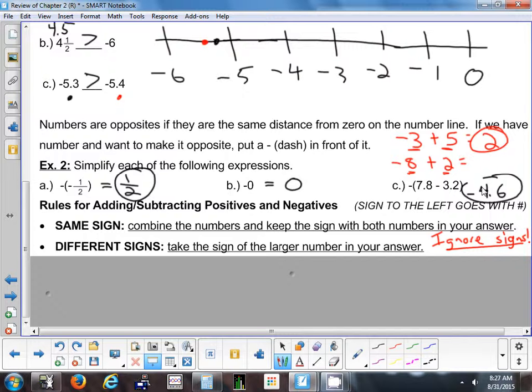What's the sign with 8? Negative, right? So what's the rule? Take the sign. So what I usually do is put my negative sign so I don't forget. And then I have 8 minus 2. I already took care of my negative sign. It's already there.